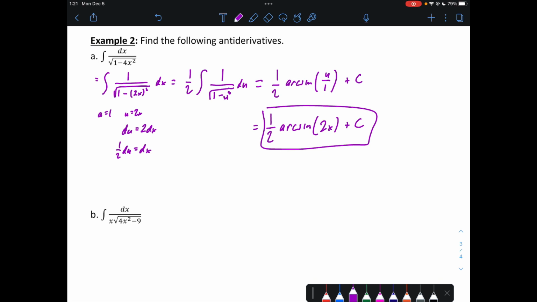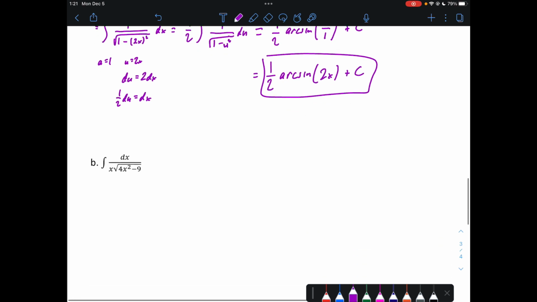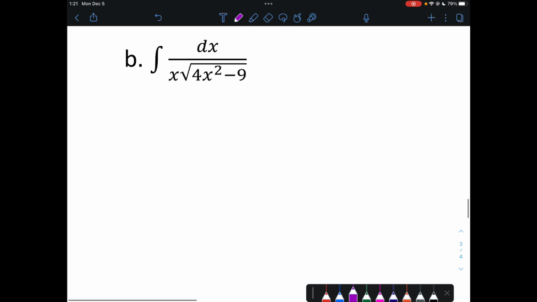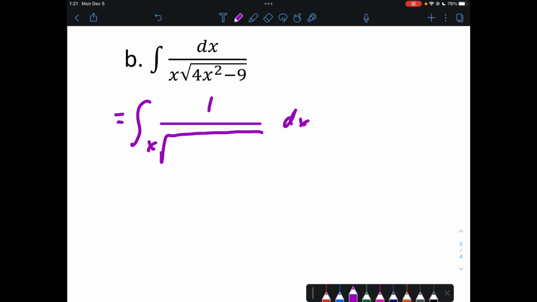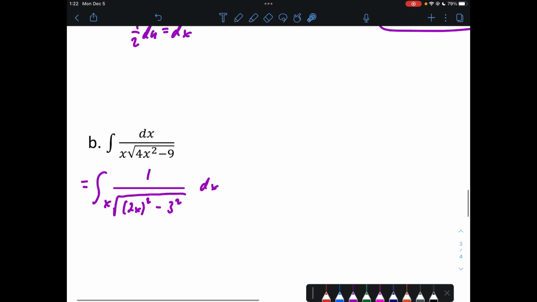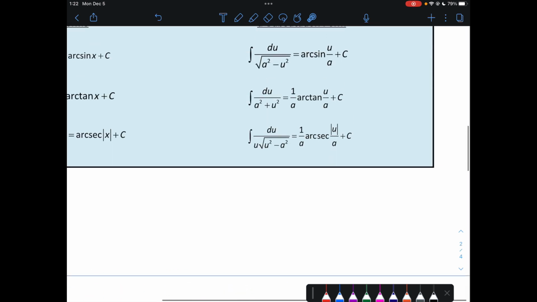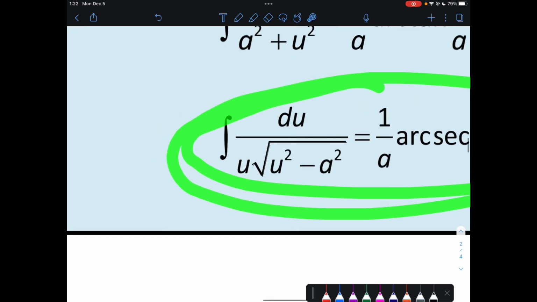Okay, second one, hopefully we could recognize this as 2x squared minus 3 squared, right? So hopefully you recognize this as the secant inverse antiderivative, all right? So you can see it right there.